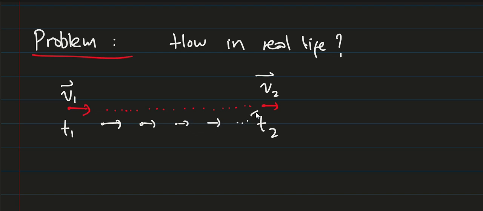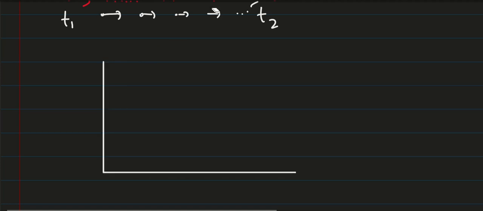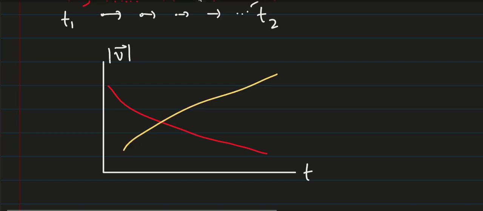Which means we can have a graph like this of the value, the magnitude, of velocity. Notice that the previous definition is accurate only for the linear case. So how do we measure distance?